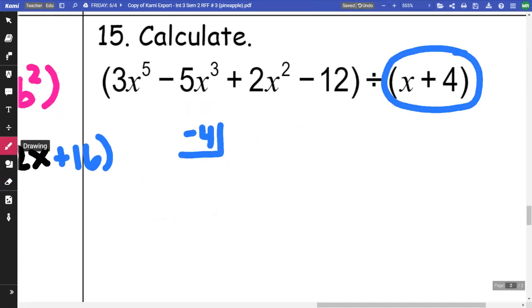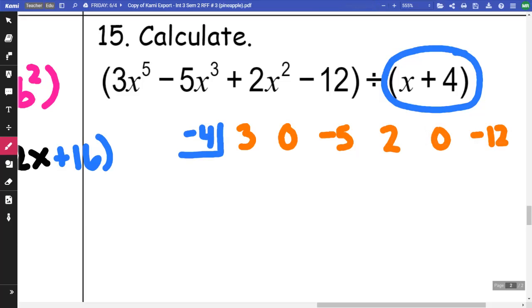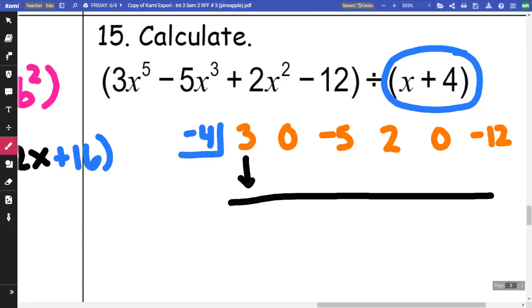And if anything's missing, I put a 0. So I have 3 for my x to the 5th, put 0 because I don't have an x to the 4th, a -5 for my x cubed, a 2 for my x squared, a 0 for my x, and then a -12.